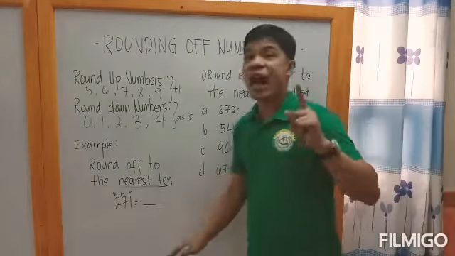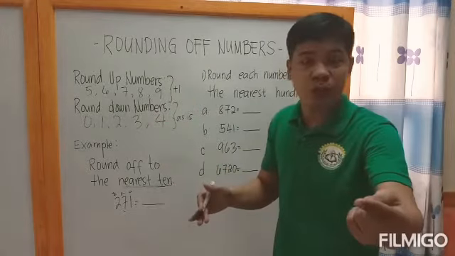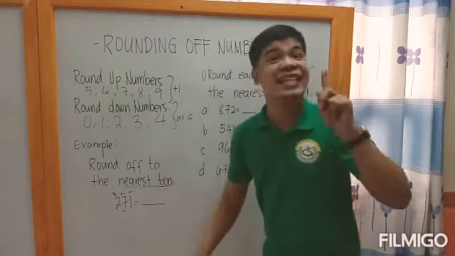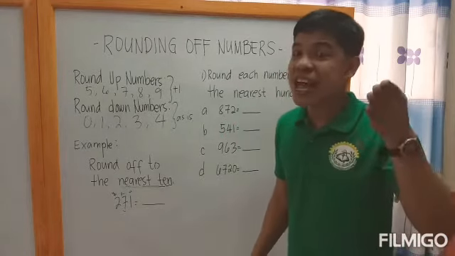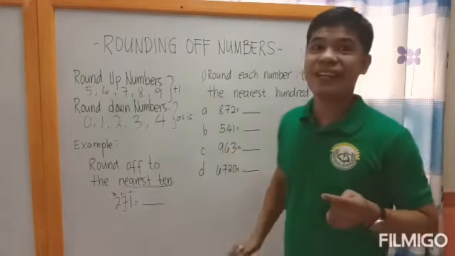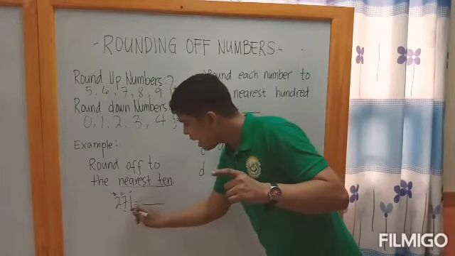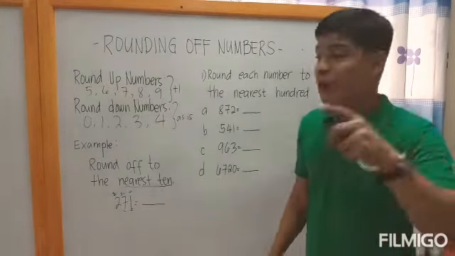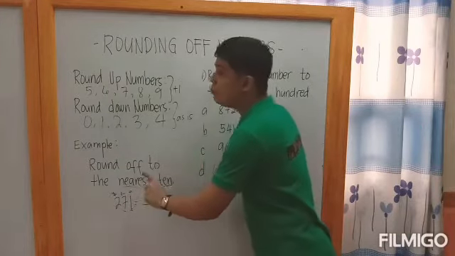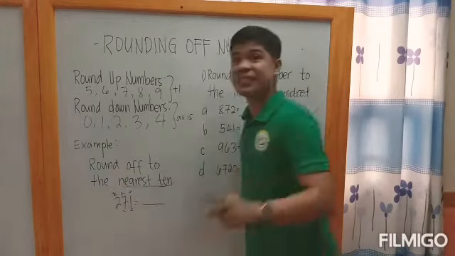Now, how do we apply the technique that I am teaching you? Since our target is 7, the nearest number to the right of 7 is 1, the nearest number of 7. This nearest number will be your clue on whether or not you add to the 7.